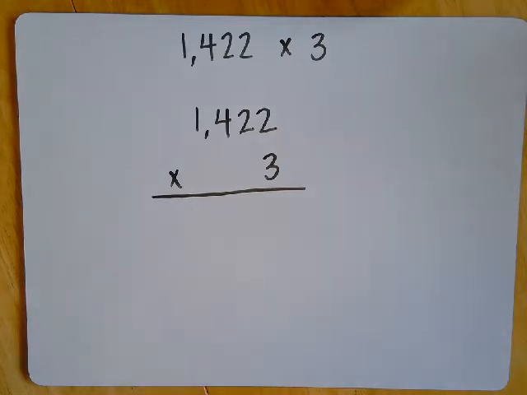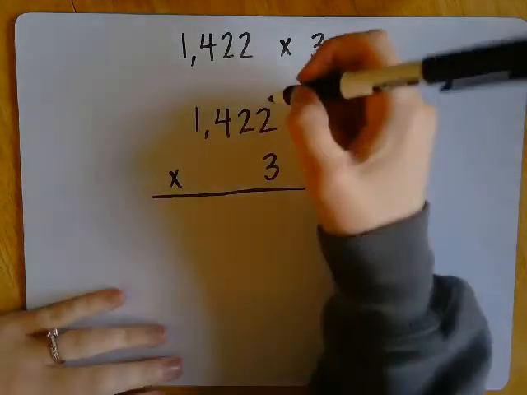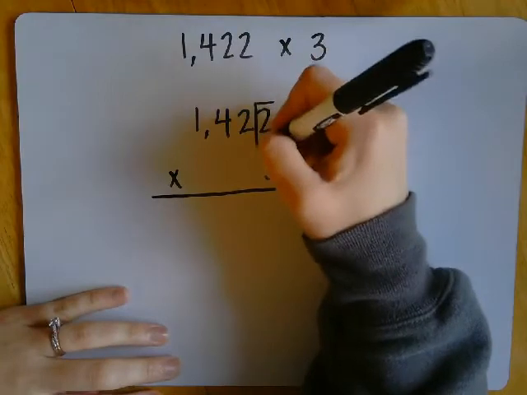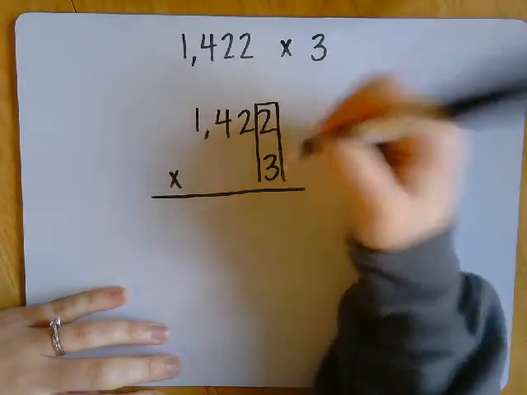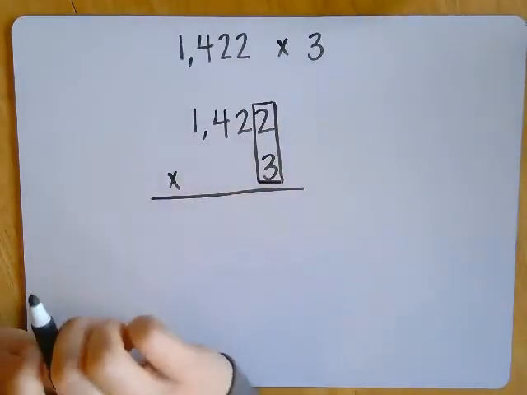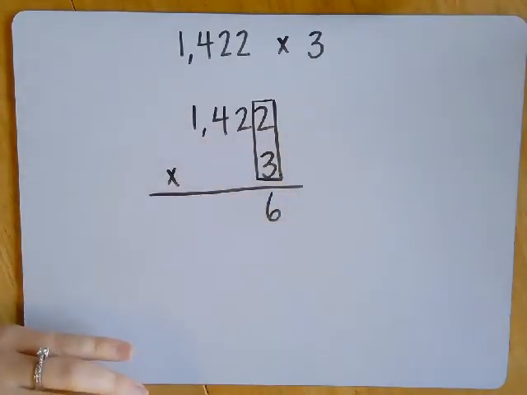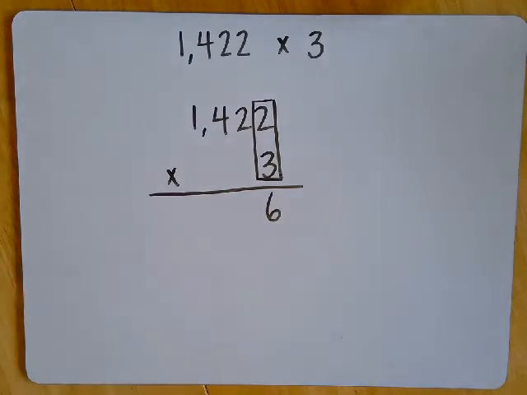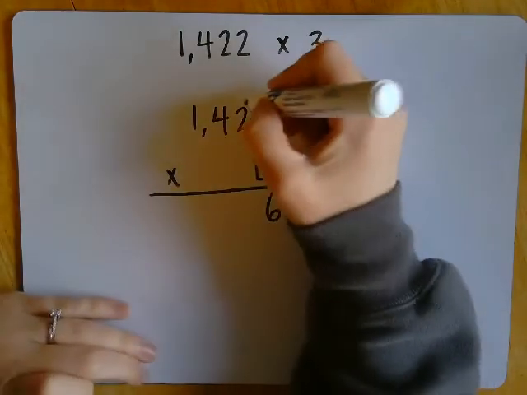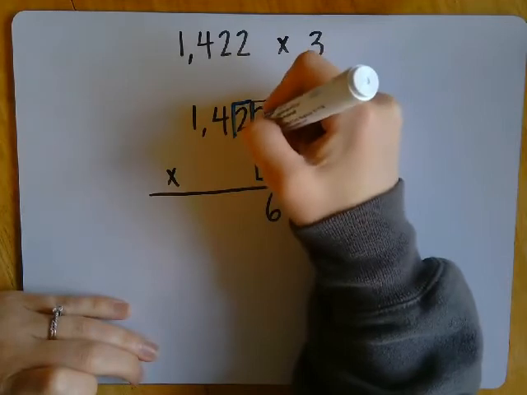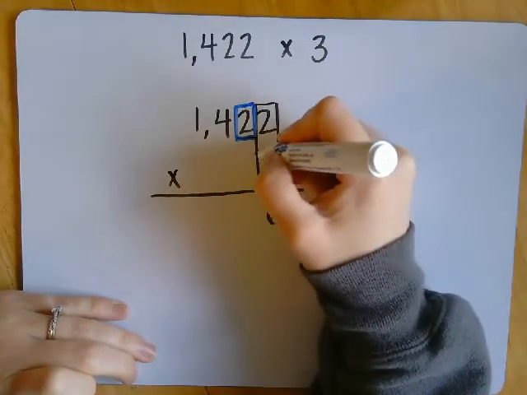All right, if I start in the ones place like I do with everything else, I need to multiply 3 times 2, and I know that is 6. Next, I need to go to the tens place and multiply 20 times 3.